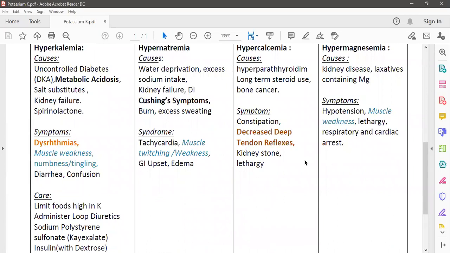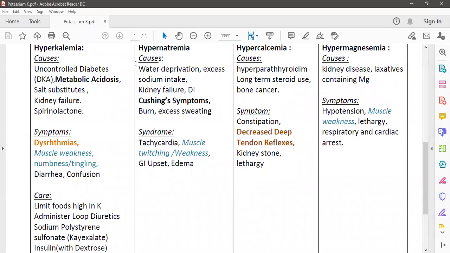The common causes of hypernatremia are water deprivation or excess sodium intake, kidney failure, or diabetes insipidus.